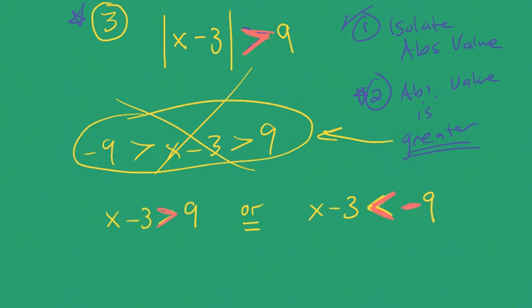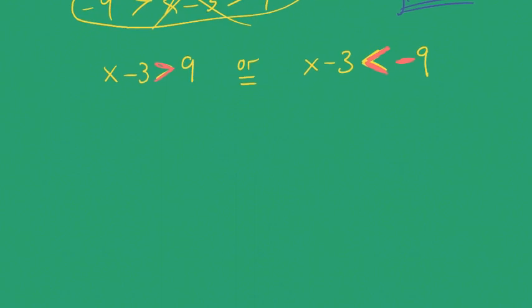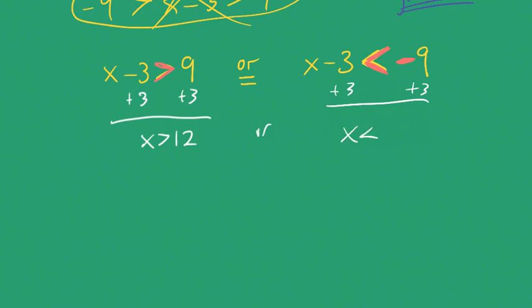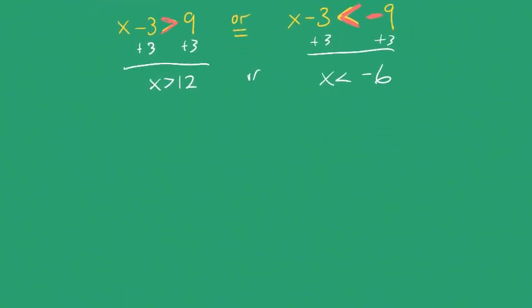So that's how you set it up, and then we'll just solve those two inequalities. Okay, so we end up with x is greater than 12, or x is less than negative 6.